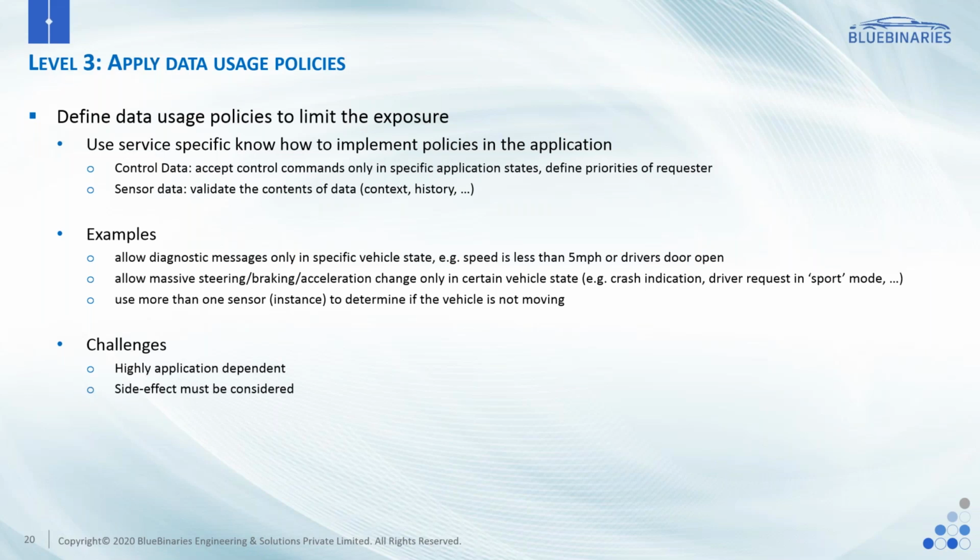And then use more than one sensor to determine if the vehicle is not moving, so not just relying on a specific value. For this one example, not relying only on a speed from a wheel sensor. You can also have multiple sensors, and you can cross check the value and then only use that data for your vehicle functionality.